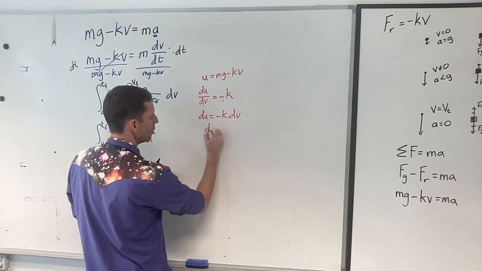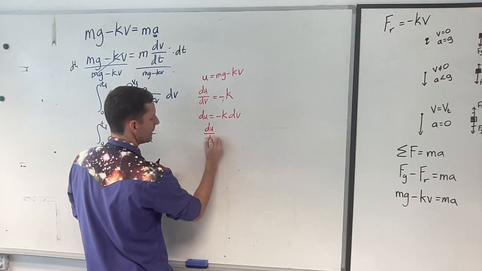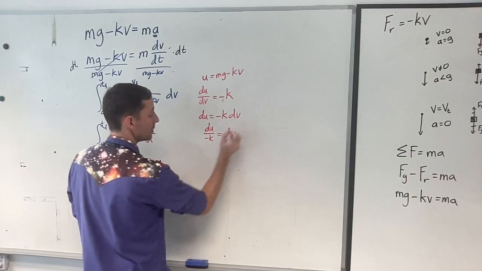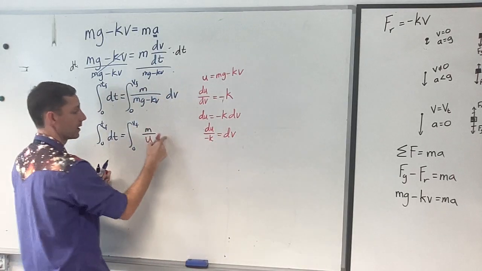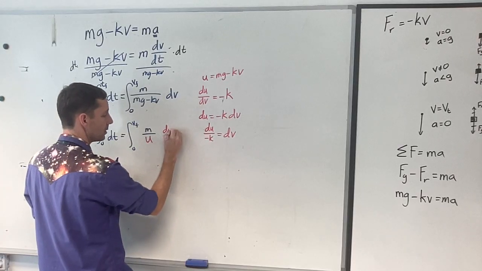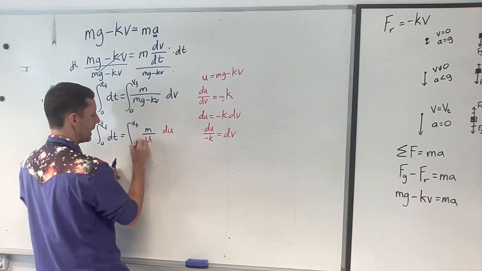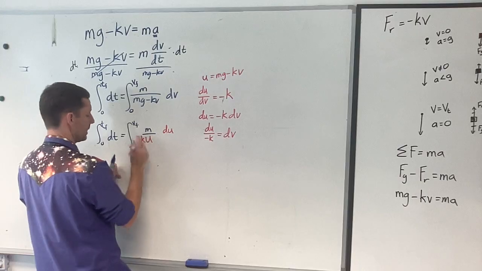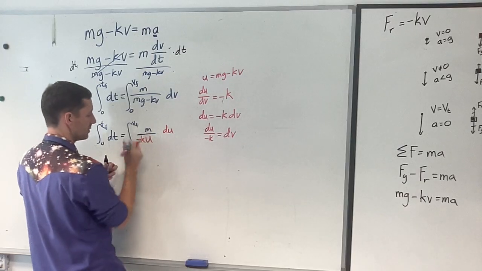So du over negative k is equal to dv. So for the dv here, I'm going to put du over negative k. I'll put the negative k right over here with my fraction.